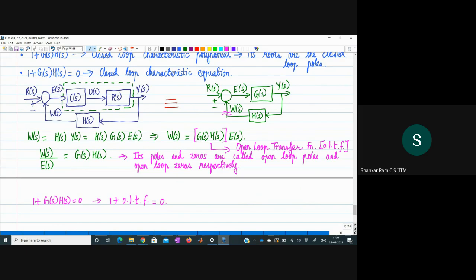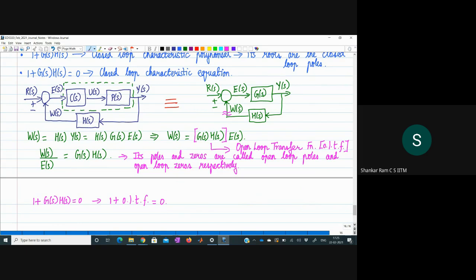I hope these definitions, these notions are clear. So let me recap what we have done. We have considered the closed loop control system with negative feedback, and then we have looked at the equivalent standard block diagram. We have used the fact that in the block diagram representation, the output signal in the Laplace domain, the complex domain, is the block transfer function multiplied by the Laplace transform of the input signal.